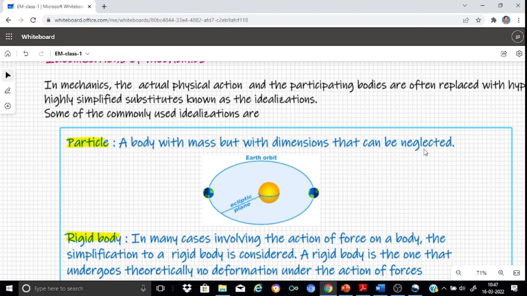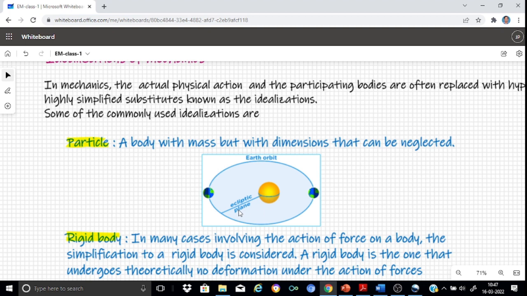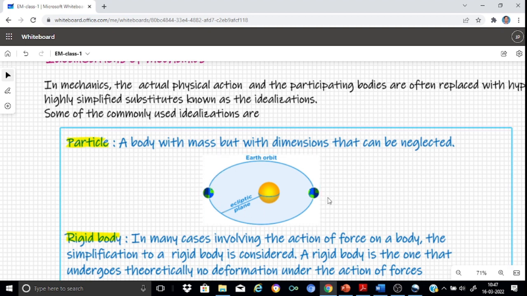Here I want to highlight one very important thing: the type of idealization we use for a particular problem depends upon the objective of our analysis. For example, in this case, I have introduced a particle idealization in order to analyze the movement of Earth along its orbit.